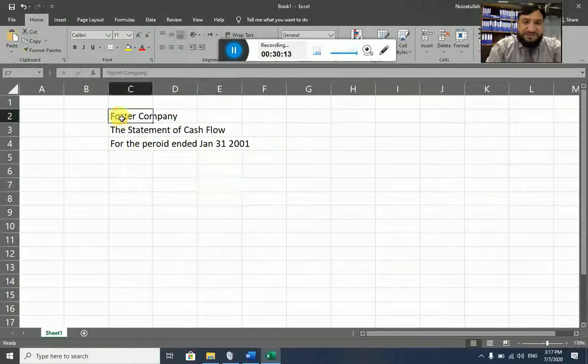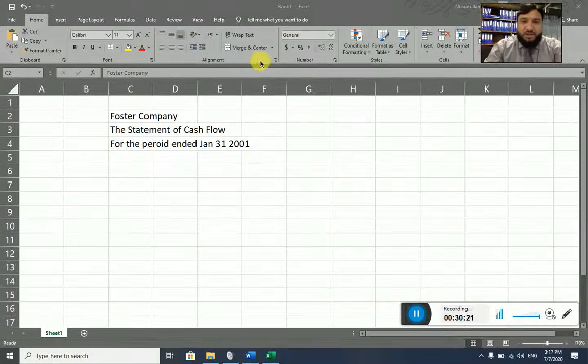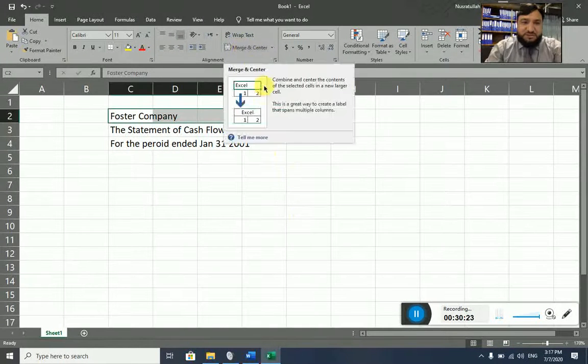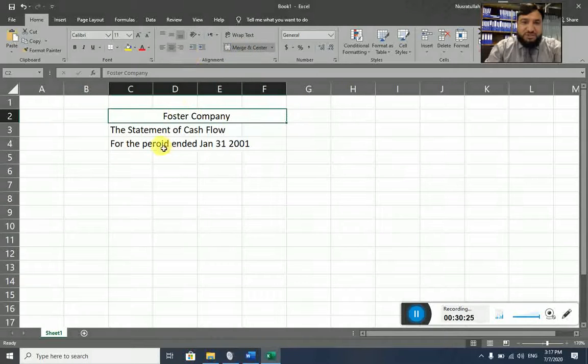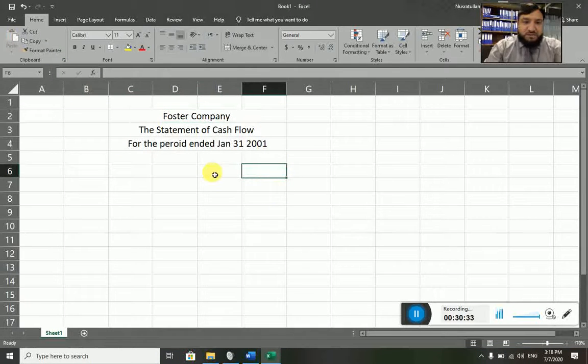So let's do formatting. Okay, I'll merge the cells. Let's merge. Also copy the format and do merge for this as well. Now the merge has been done.